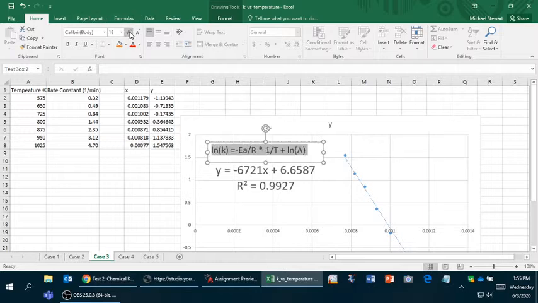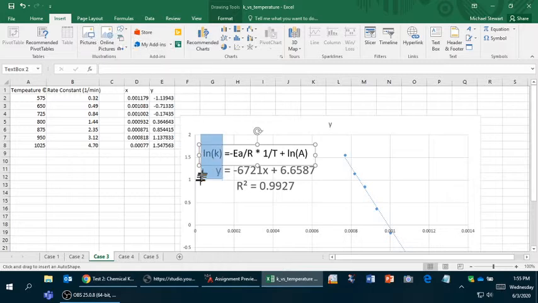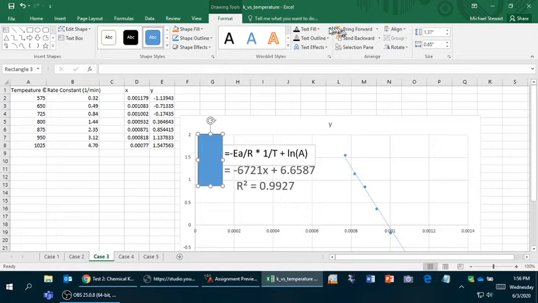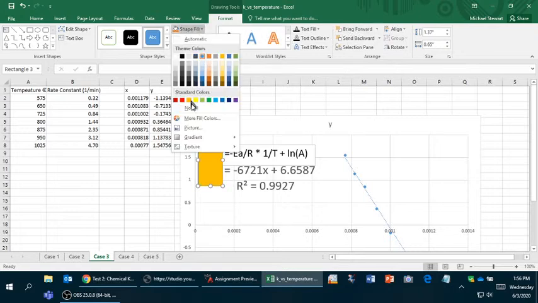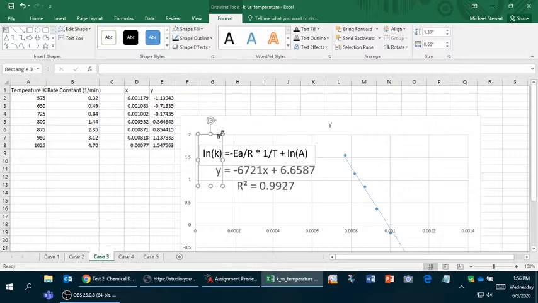These are lined up side by side with the final plot. We generated the ln of k, so we created that y value, and we plotted it against 1 over T, which is our x value.